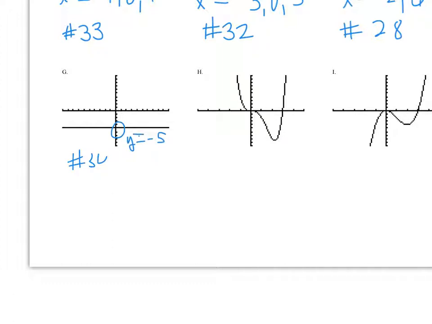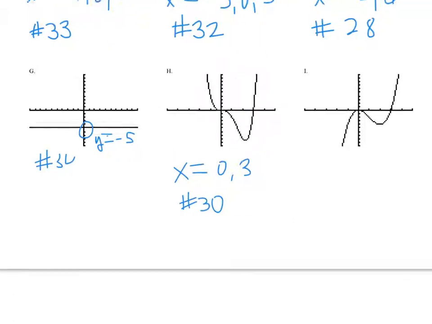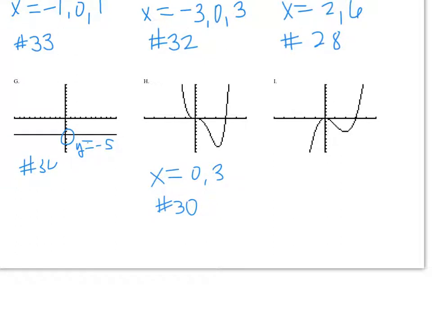All right, H. All right, x-intercepts of 0 and 3. And we are going up on both sides. That is going to match up with number 30. All right, I, we've got x-intercepts at 0 and 3, all right, same as H, but this time we're going down on the left, up on the right.